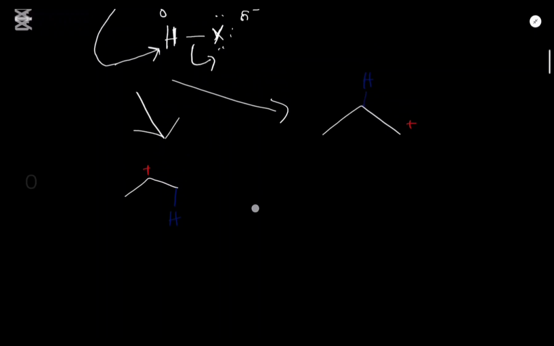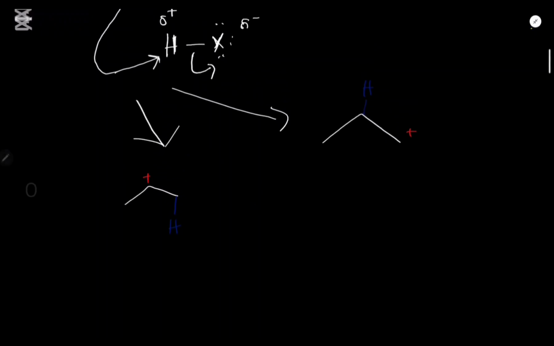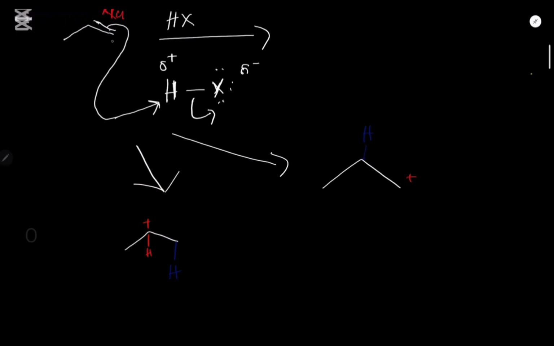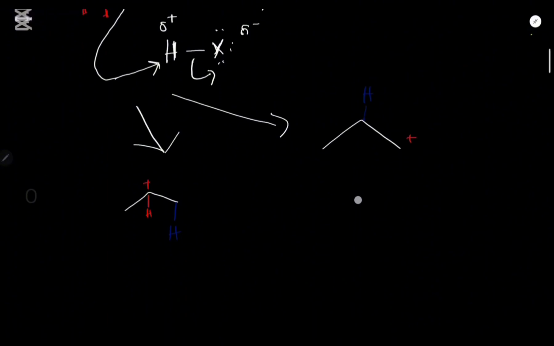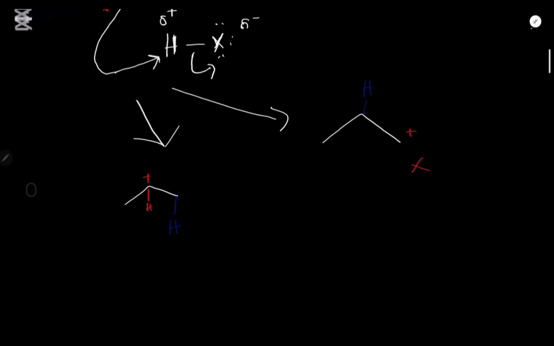So how many hydrogens do we have here? We have one hydrogen. What about here? Here we have one hydrogen. Here we have two hydrogens. So automatically the hydrogen will go here. So this is not the case. This is not the answer.